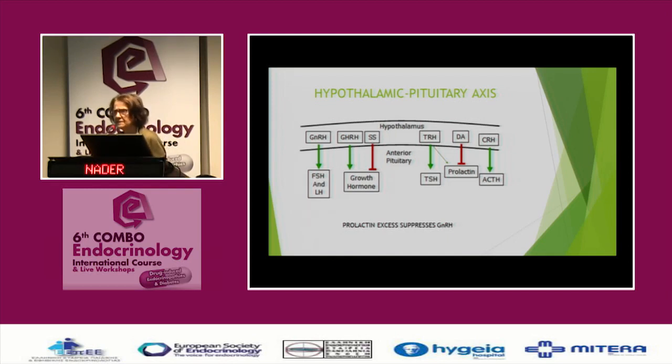If you have a state of energy deficit, as in the marathon runners or the people who are excessively exercising, that system will shut down because GnRH is highly sensitive to the external, or rather to the internal milieu as well as to the external environment. And all of that is very critical for female reproduction.